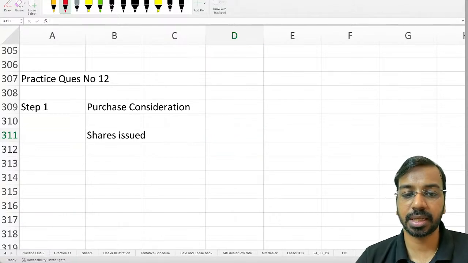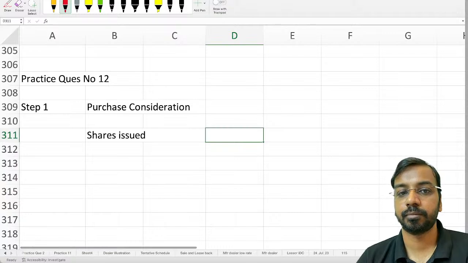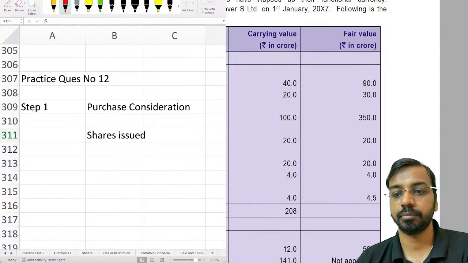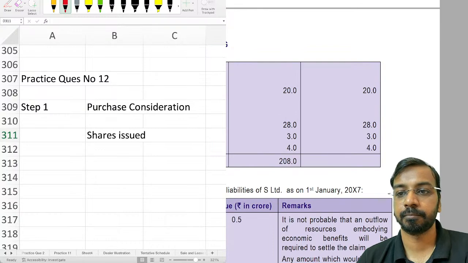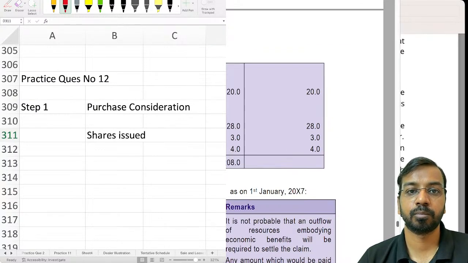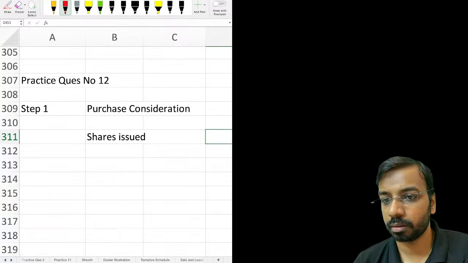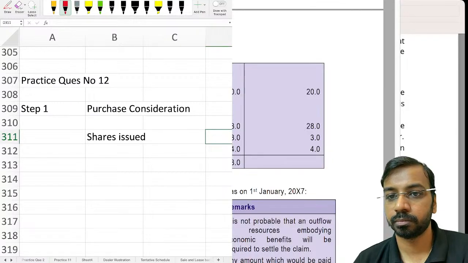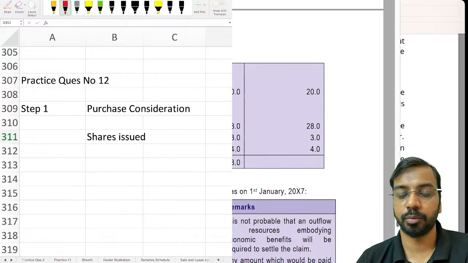So, I'm not able to share both the screens simultaneously. Actually, or I'll do one thing. Just give me a moment.